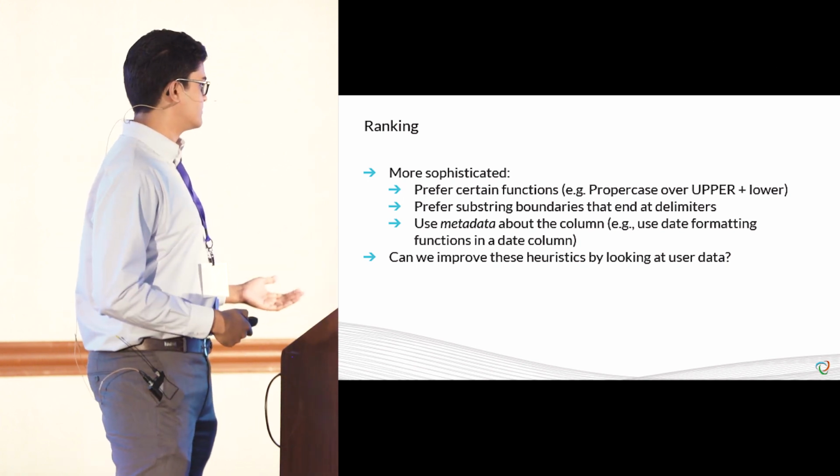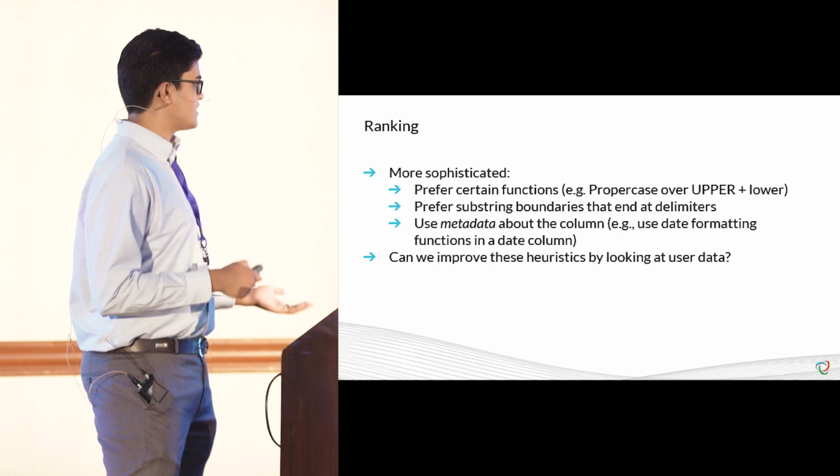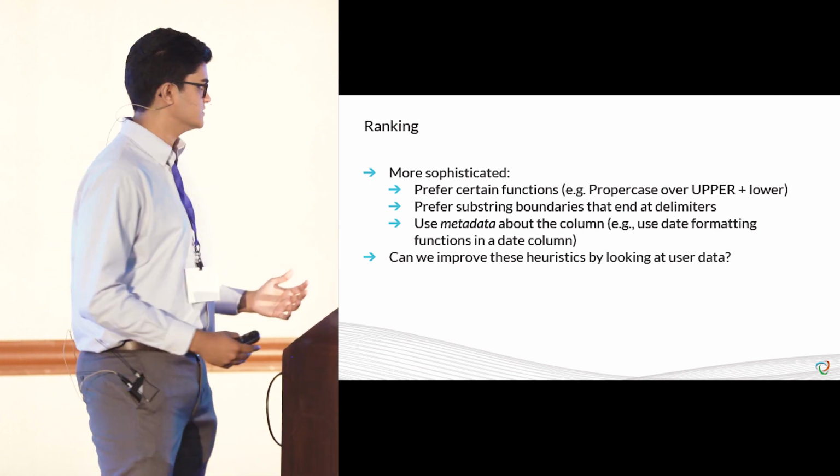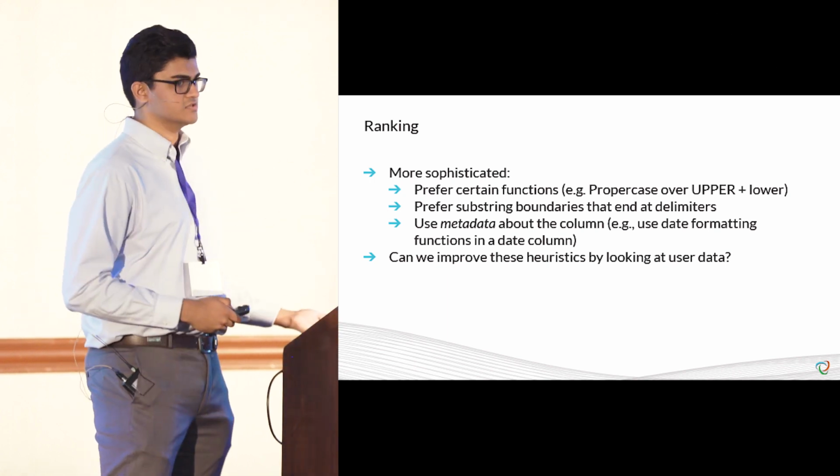One of the questions is, rather than custom writing a bunch of ranking methods and heuristics that end up being just a bunch of if statements, can we improve them by looking at user data?